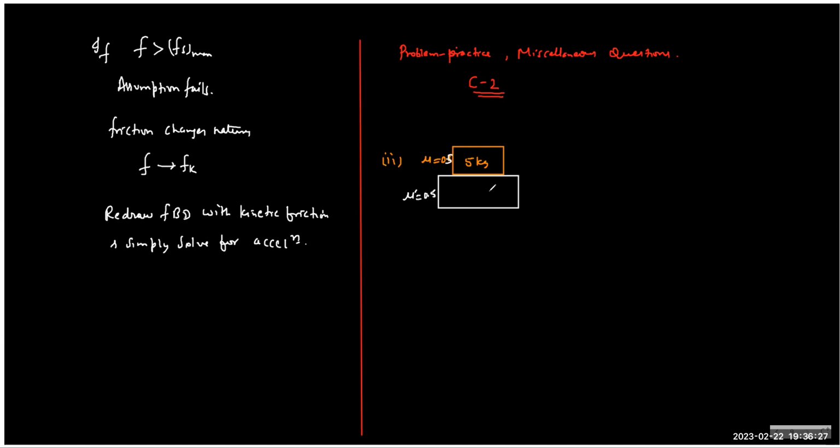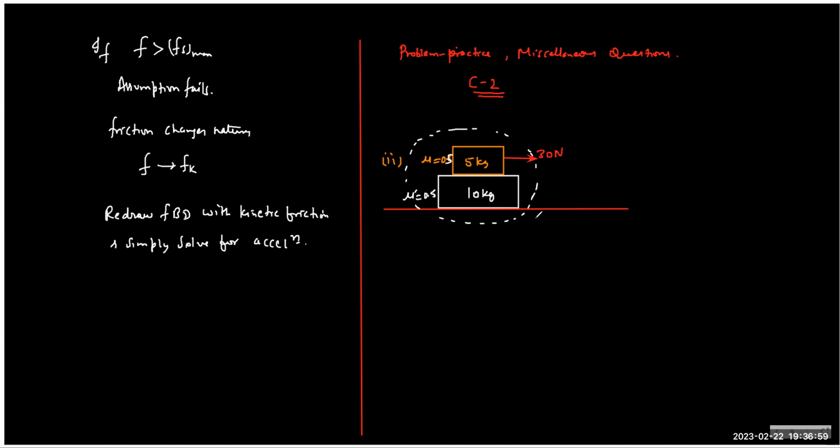So both values are 0.5. This is 5 kg, this is 10 kg. And we have a surface. And a 30 Newton force is applied. Okay. If you take both as a system, what will be the net external force acting on the system?